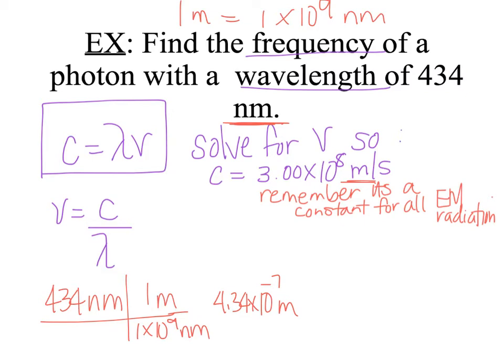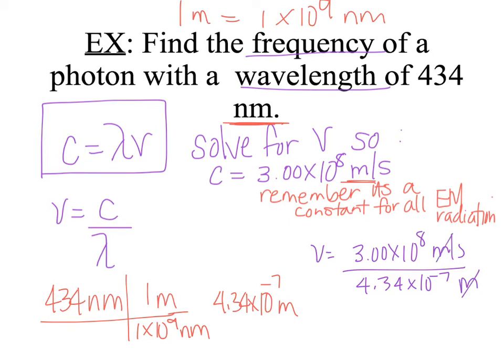So we're simply going to say frequency is equal to 3.00 times 10 to the 8th meters per second divided by 4.34 times 10 to the negative 7 meters. And our meters are going to cancel out. And then that is going to give me a final answer.